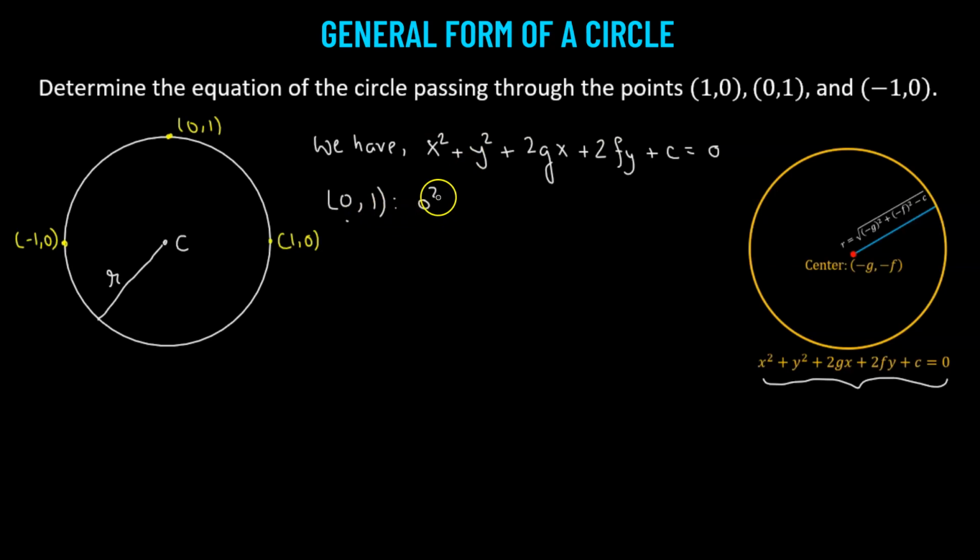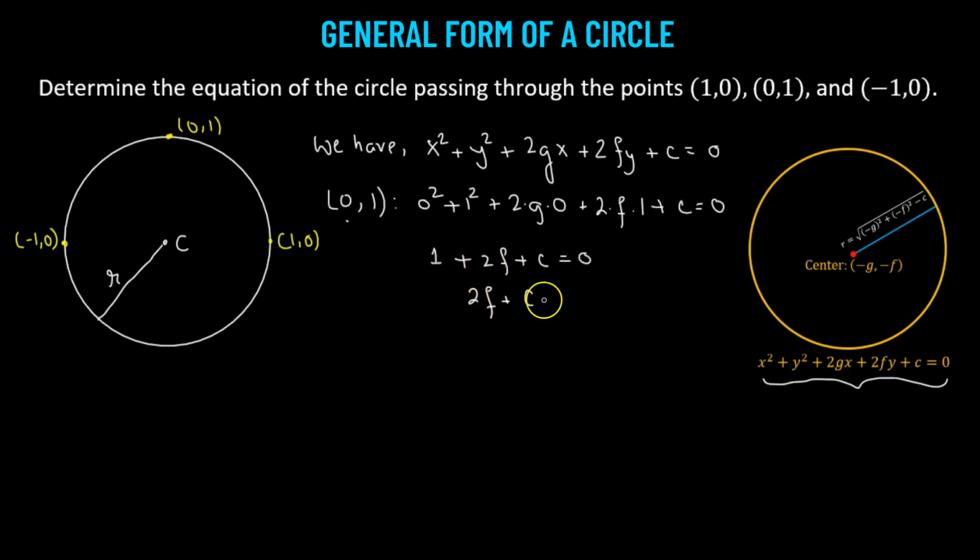So we get 0 squared plus 1 squared plus 2 times g times 0 plus 2 times f times 1 plus c equals 0. Simplifying this, we get 1 plus 2f plus c equals 0, so 2f plus c equals -1. This is going to be equation number 1.